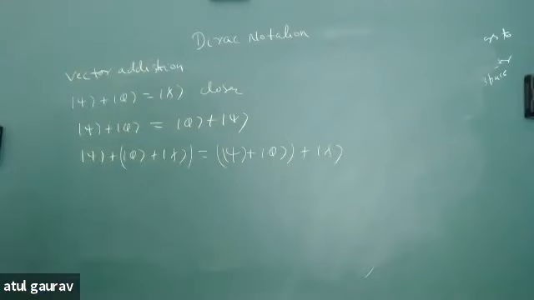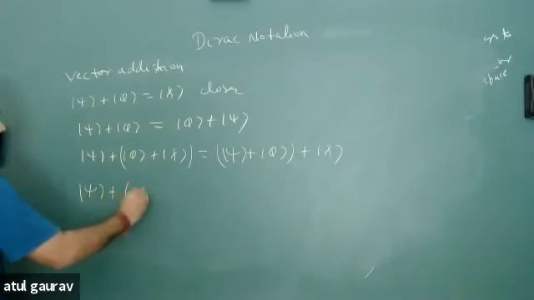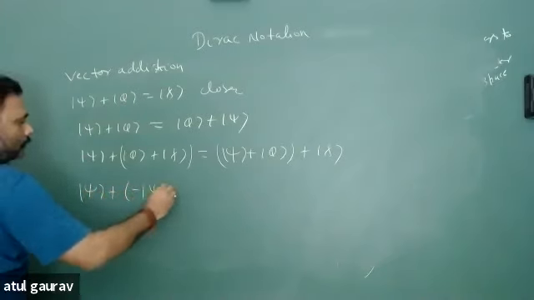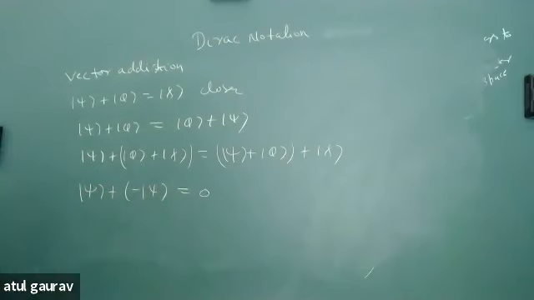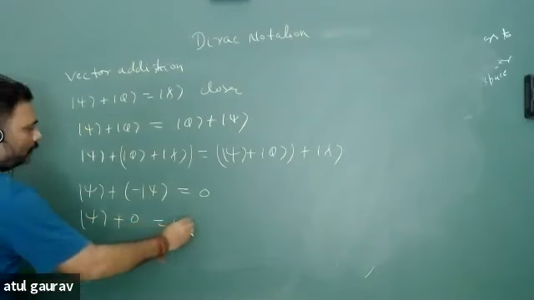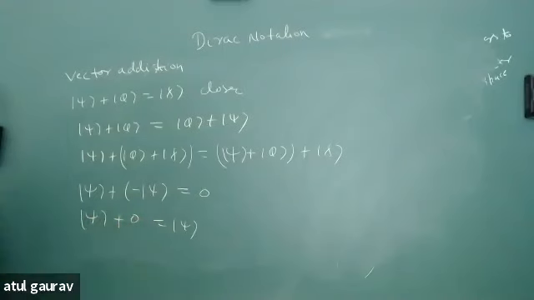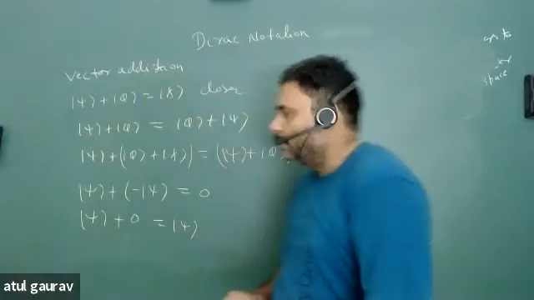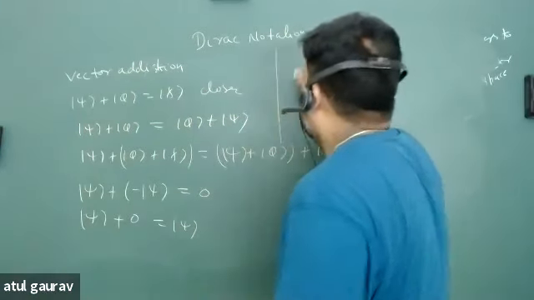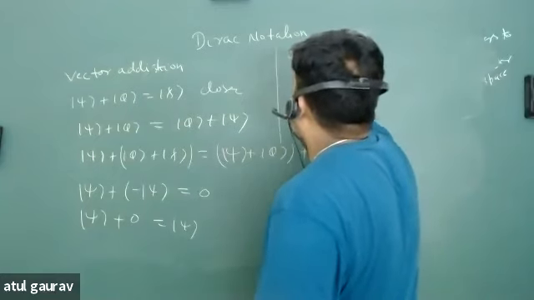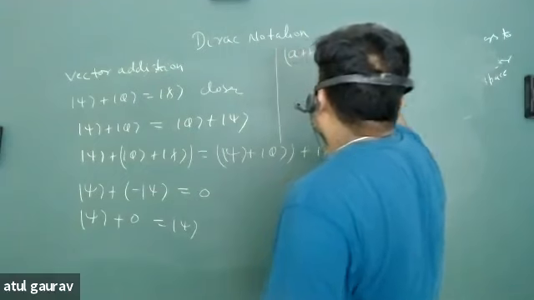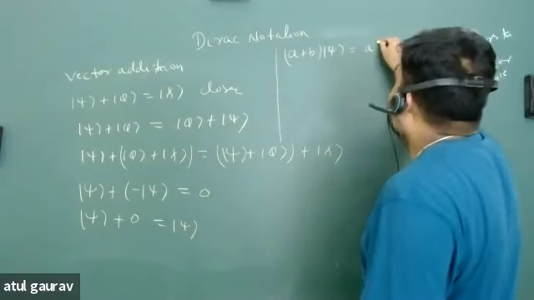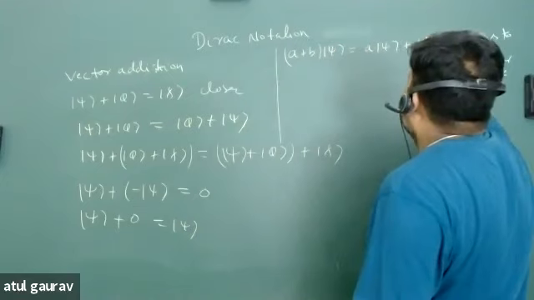I am just writing it so that your notes can be compiled. Then you have psi plus minus psi is equal to the 0 vector, or psi plus the 0 vector is equal to psi. Sometimes you can put 0 ket, sometimes you cannot. Then you can go for scalar multiplication. A plus B psi can be written as A psi plus B psi.